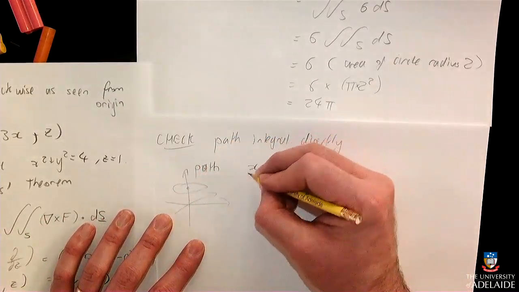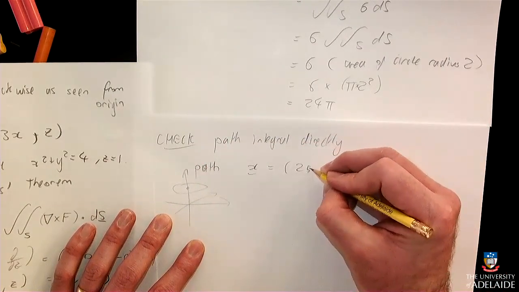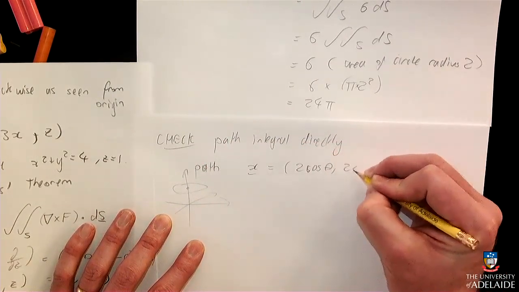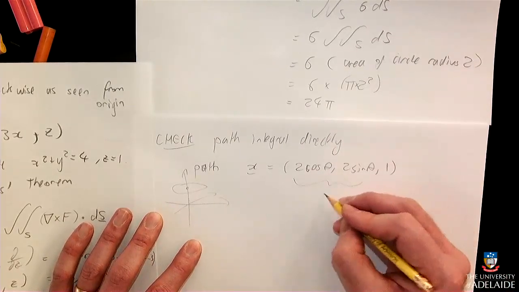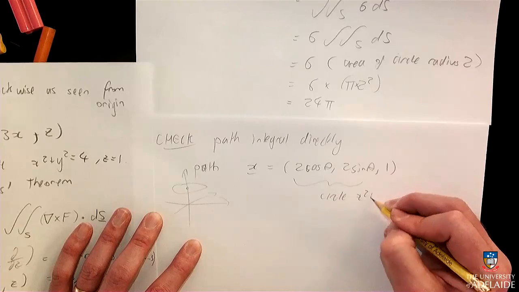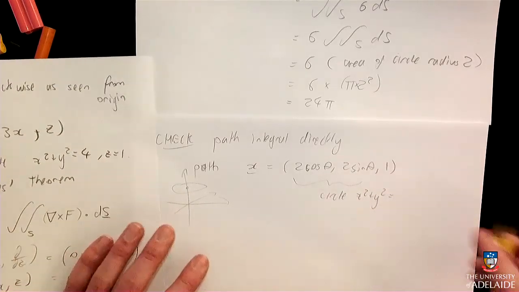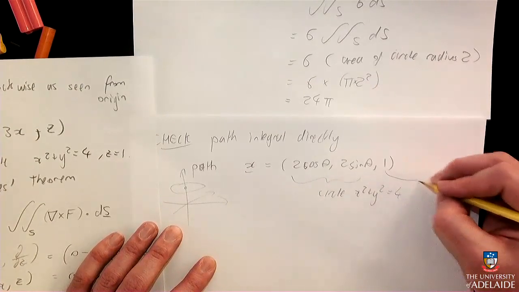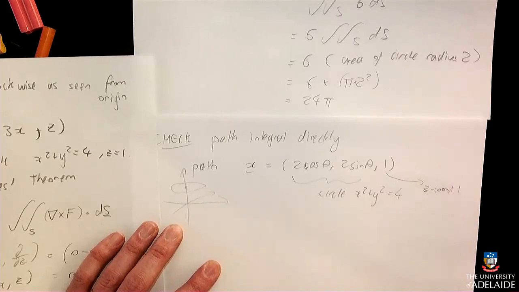And so the coordinate of something on the path is going to be 2 cos theta, 2 sine theta, 1. So this bit makes the circle. Oh, did it say 4 squared? No, just 4. And this bit makes the z coordinate 1. Okay?